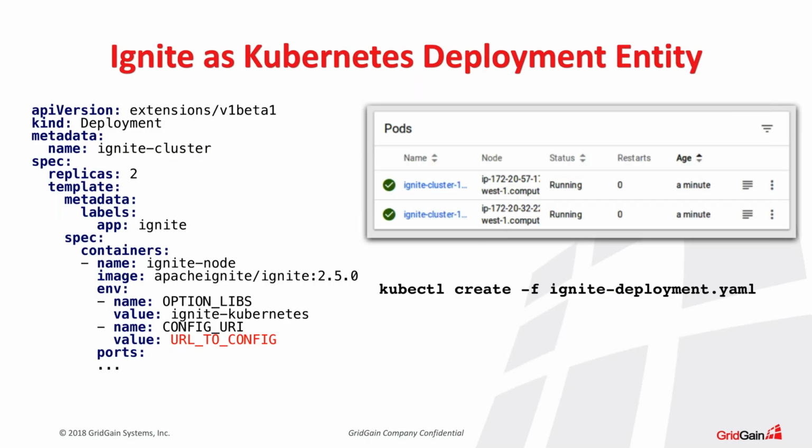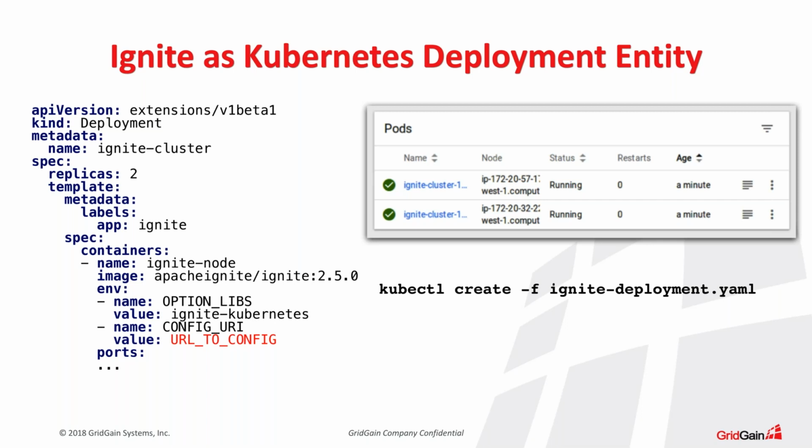With the in-memory deployment, it's really trivial. We don't need to use any exotic or cumbersome configurations. We can just tap into the Kubernetes deployment entity, as shown on this slide. We just define basic parameters such as name and number of initial replicas, which means how many Ignite nodes will be started by default in Kubernetes. Then what is essential here is that we just need to pass a configuration parameter, which is highlighted in red.